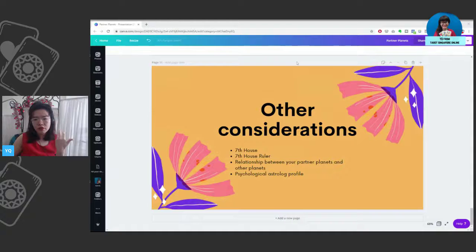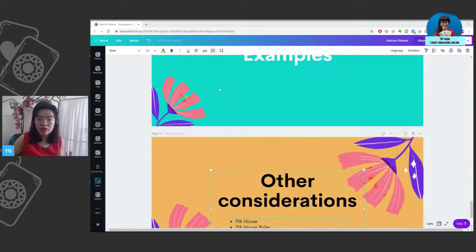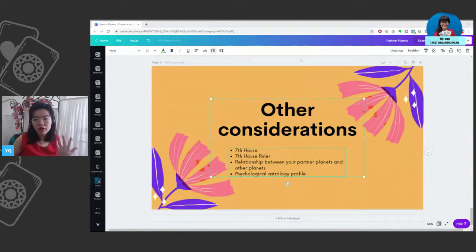This would involve your seventh house, exploring what planets are in the seventh house, what your seventh house is, your seventh house ruler, and also the relationship between your partner planets and the other planets, and of course your psychological astrology profile in the end, because it's very important as it dives deep into what you actually need deep down. So whatever I shared is useful, yes, but there's still a lot of things to think about.